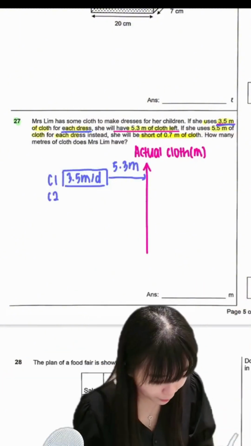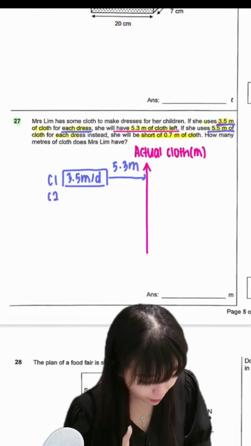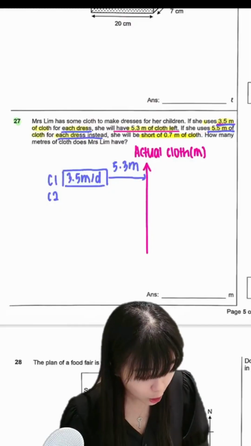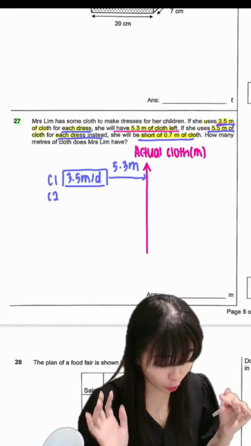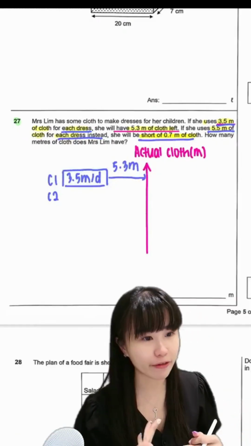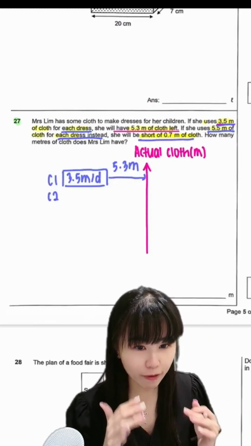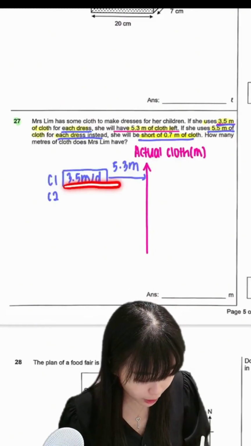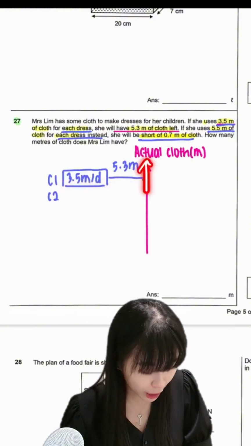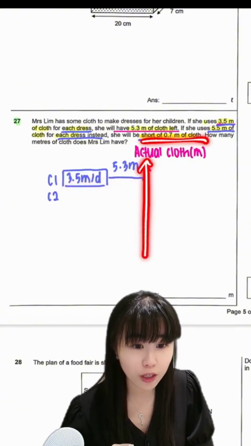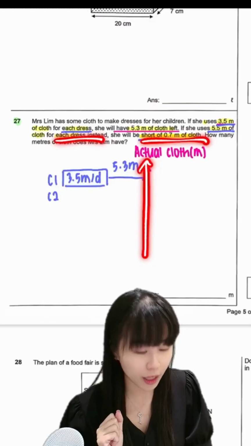So case 2, if she uses 5.5 meter of cloth for each dress, she will be short of 0.7 meter of cloth. So for case 2, actually she's not enough. So if she's not enough, whatever she's going to use, the model is going to exceed this bar. Because this bar is her actual cloth, but she is short of cloth to use for this length for the dresses.